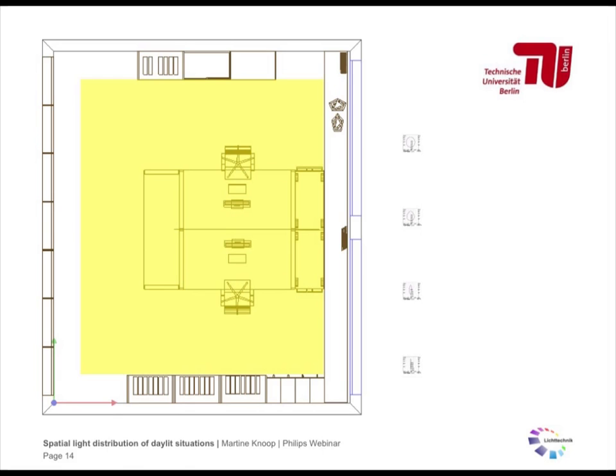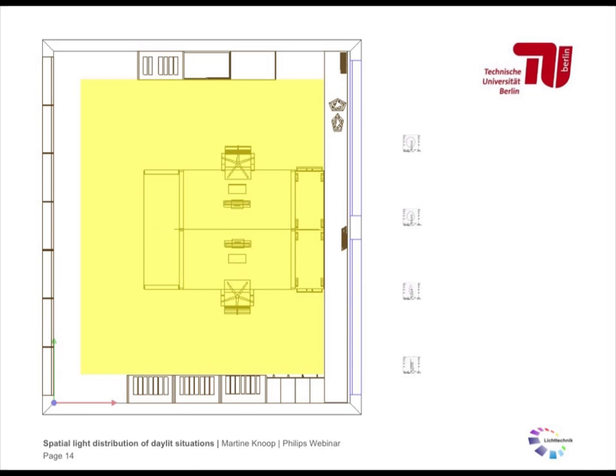I've chosen this room and I have looked into different task areas, or different areas to be lit, and 4 different luminous intensity distributions of luminaires, as you can see here on the right hand side of the screen. In this case, we would assume that all luminaires are being used to realize a general lighting in the room, so the whole area is lit to achieve the same average illuminance, for example, in this case 500 lux.